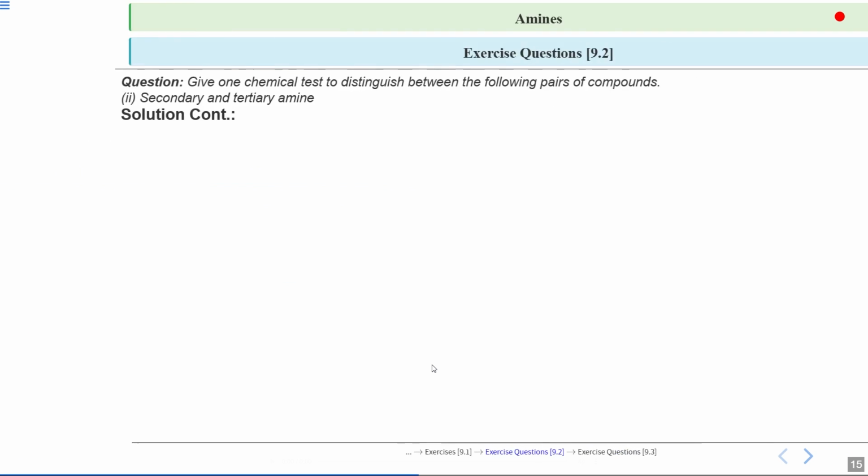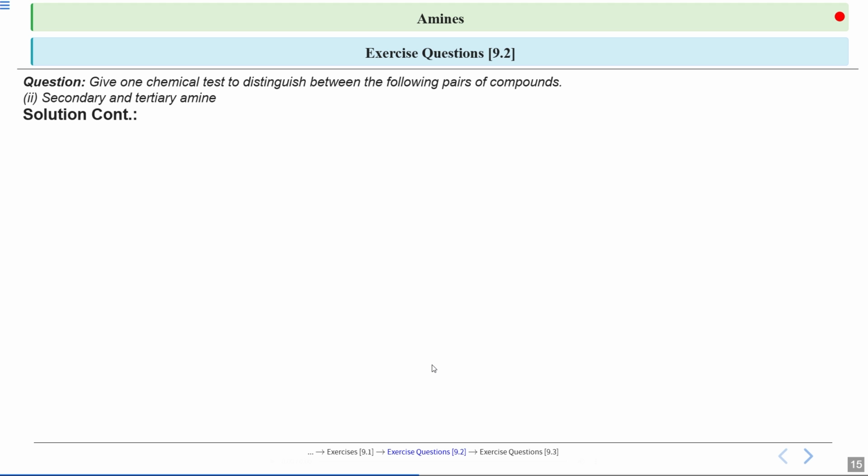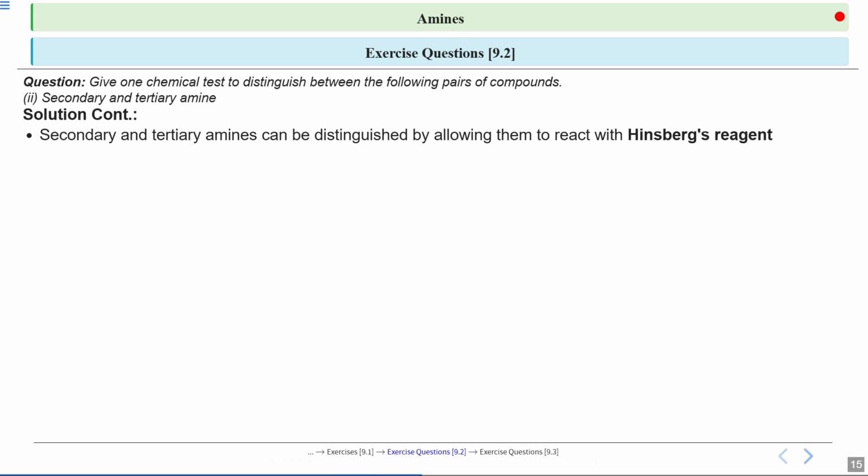Now let us move to the next part. The next part is between secondary and tertiary amines. If we have to distinguish between a secondary and a tertiary amine, we can use Hinsberg's reagent. Hinsberg's reagent is C6H5SO2Cl, which is used to distinguish between a secondary and a tertiary amine.